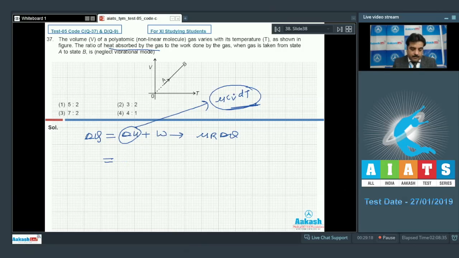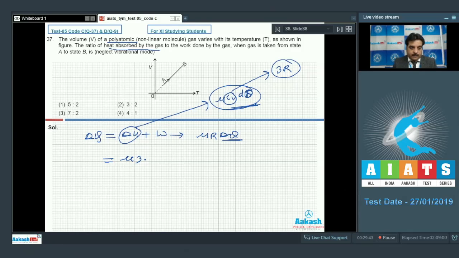Another thing, Cv: because the gas is polyatomic, you can use Cv equal to 3R, as you know very well. So I am going to place the values: mu Cv d theta, where d theta means temperature difference.